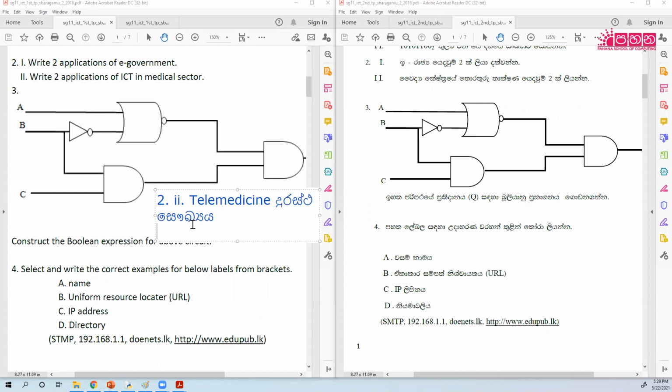Then computer scanning, computer aided equipment like EEG, MRI, and so on. Computerized. Remote surgery. Good one, you know.